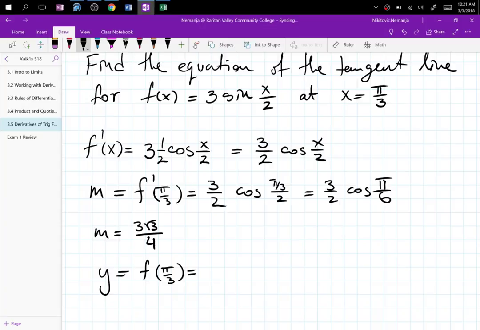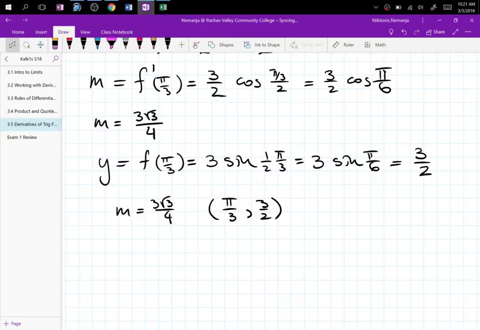Now you can use either y minus y1 equals m times x minus x1, or you can use y equals mx plus b, whatever. Y equal mx plus b. Y is 3/2. M is 3√3 over 4 times x, which is pi over 3, plus b. The 3's cancel, and I multiply everywhere.